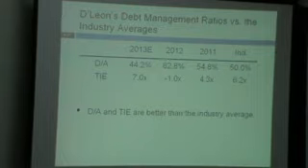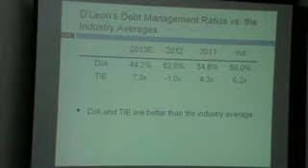This company had a very bad 2012, and that might be the main reason, because if it is 82.8% total debt, it means how much interest there would be, as you can see in times interest earned, it was negative. So whatever they were earning, the interest was more than that, and that was the main reason. So debt to asset and times interest earned are better than the industry average as far as 2013 is concerned.